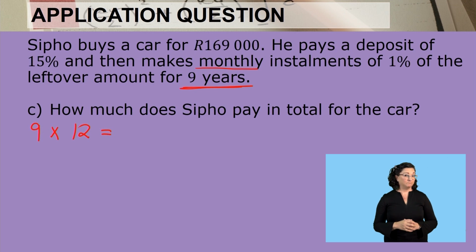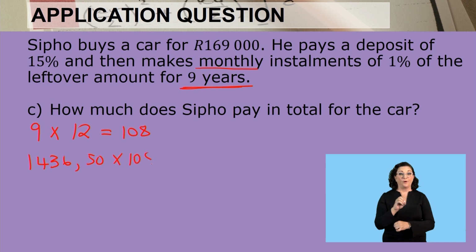You're getting 108 months. So Sipho paid 1,436 rand 50 cents multiplied by 108 months.